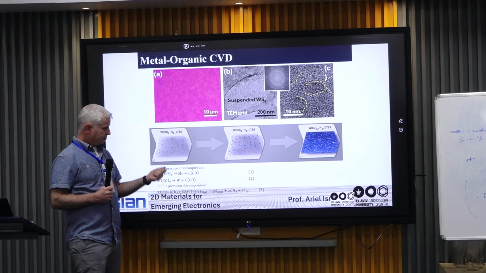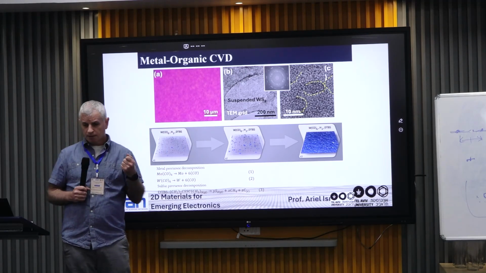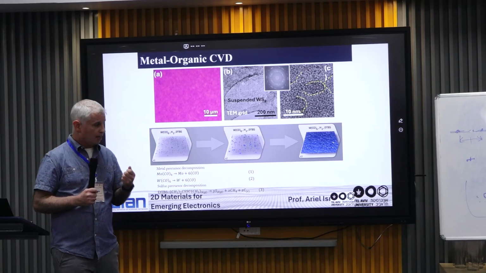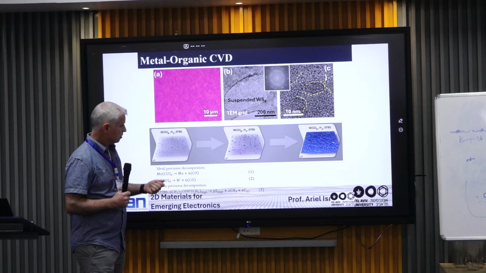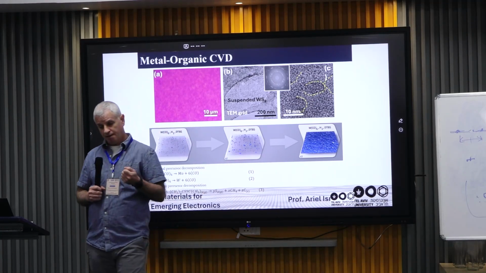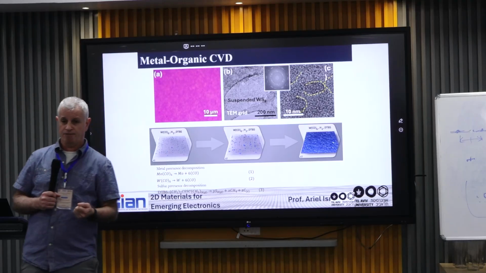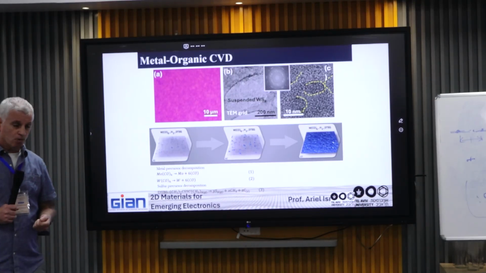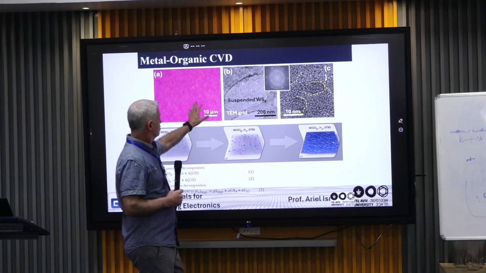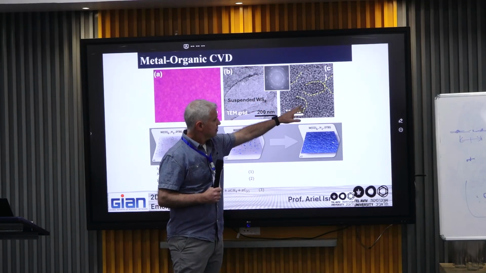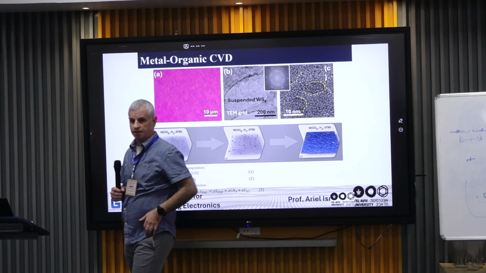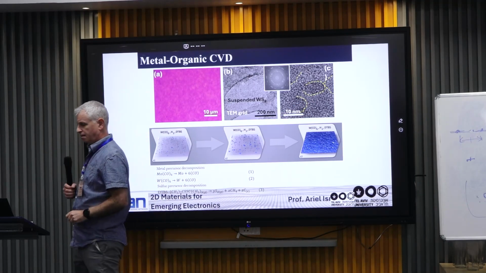And as a result, we'll get a too large density of nucleation, and therefore you will end up with a nanocrystalline film with very low properties. Okay? You see here is a continuous film, but with nanoscale crystallinity, a nanocrystalline film.